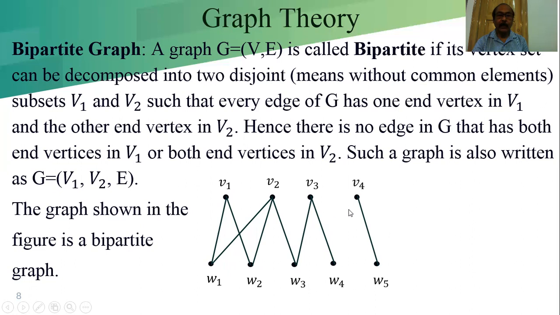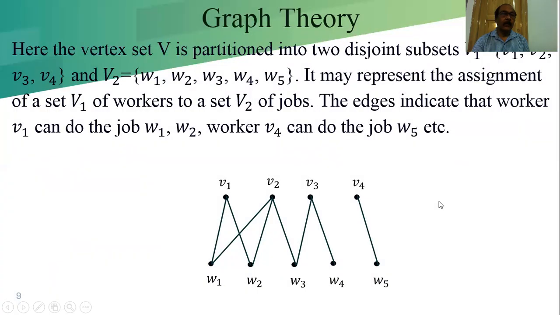That means each edge connects a vertex in V1 and a vertex in V2. Here the vertex set V is partitioned into two disjoint subsets: V1 equal to V1, V2, V3, V4 and V2 equal to W1, W2, W3, W4, W5.